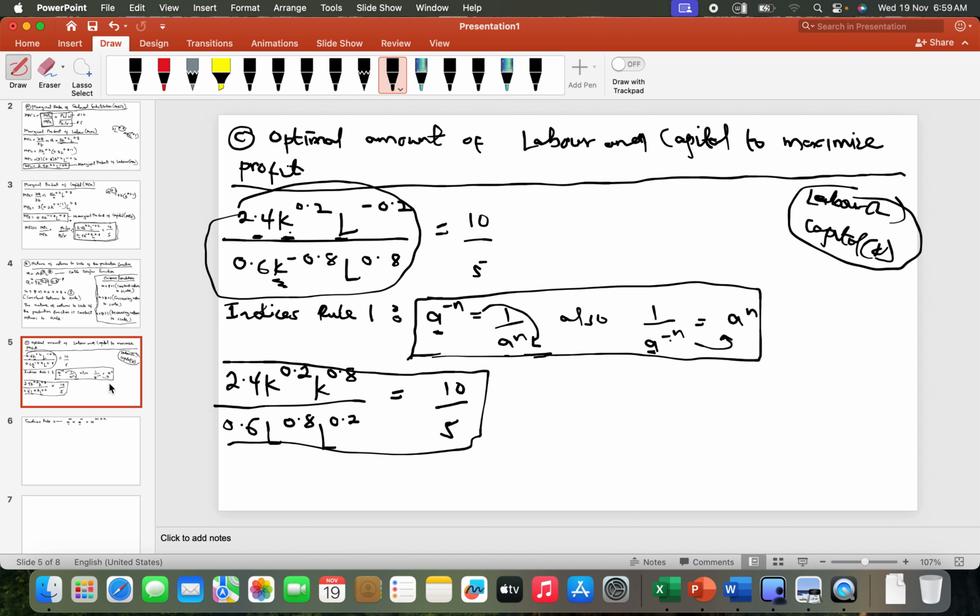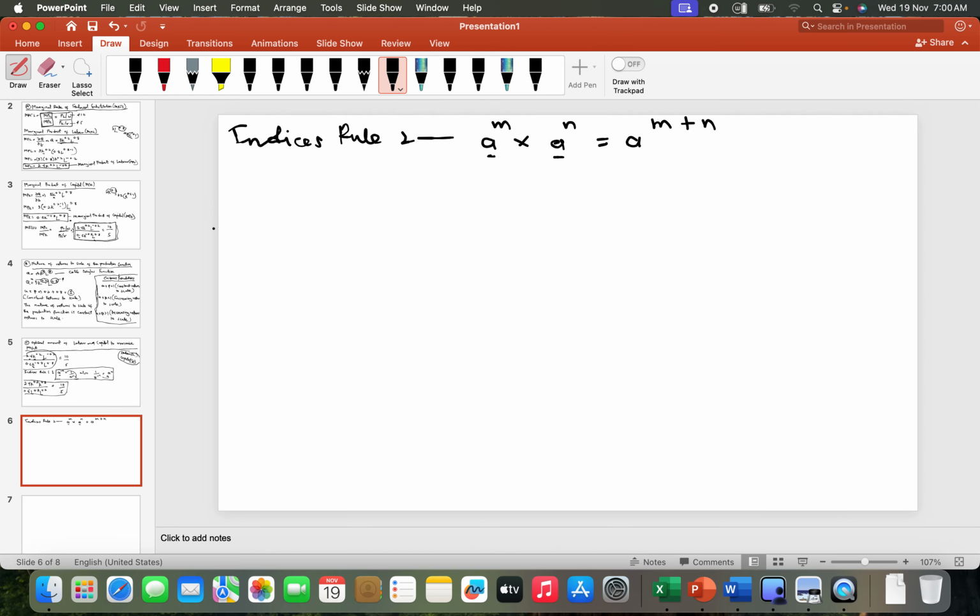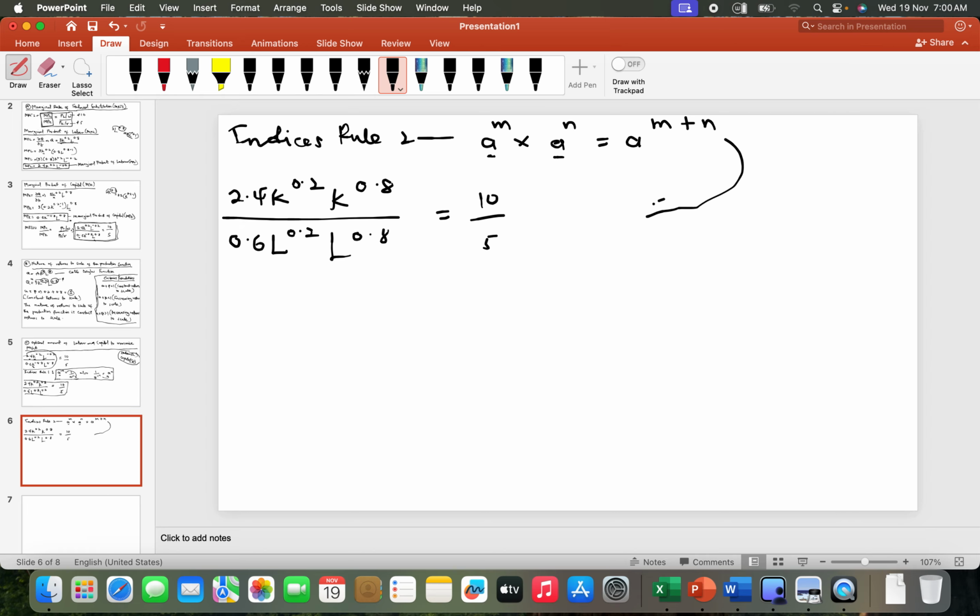I have 2.4 K exponent 0.2, K exponent 0.8, divided by 0.6 L exponent 0.2, L exponent 0.8, which is equal to our 10 over 5. Per the second indices rule, we will apply it here. Same base, we add their exponents.